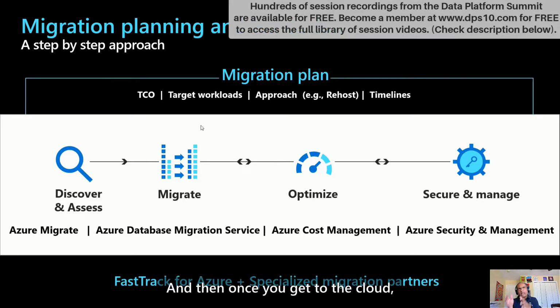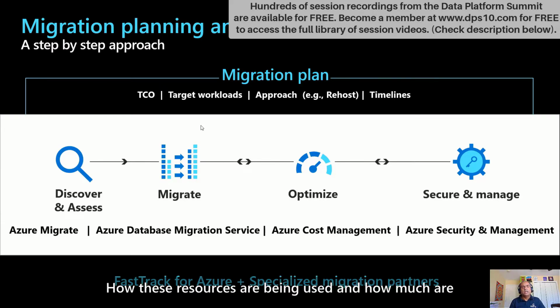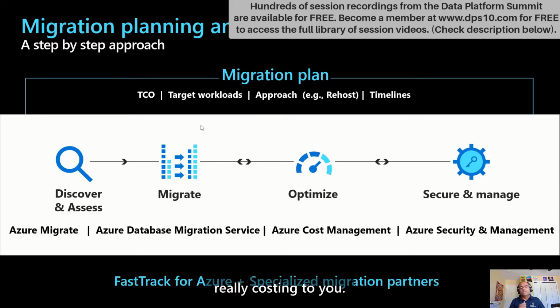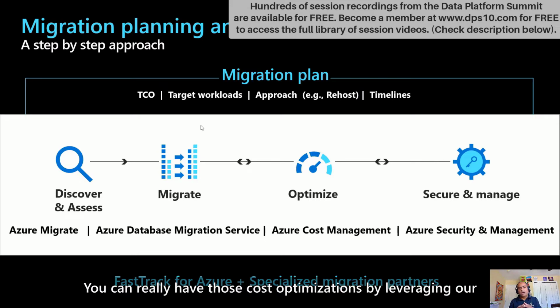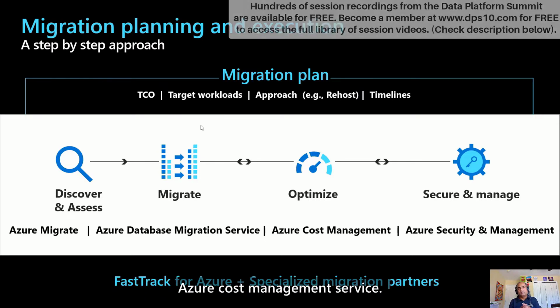Once you get to the cloud, the next step is to optimize your resources: how these resources are being used, and how much they are costing you. Can you downgrade, or do you need to scale more? You can get those cost optimizations by leveraging our Azure Cost Management service.